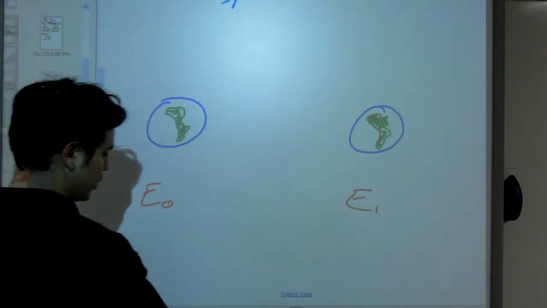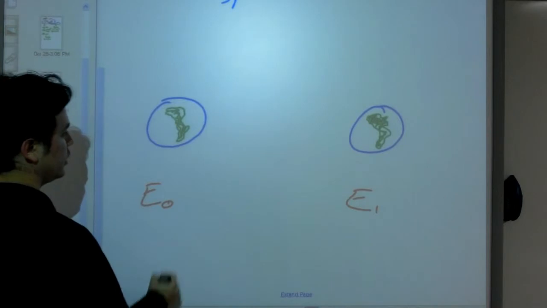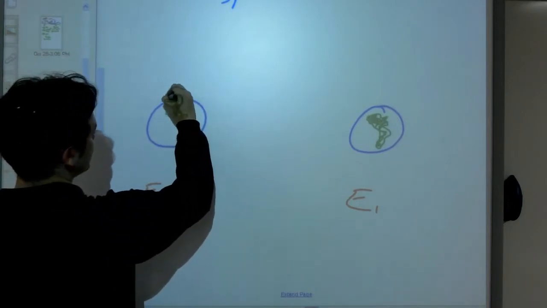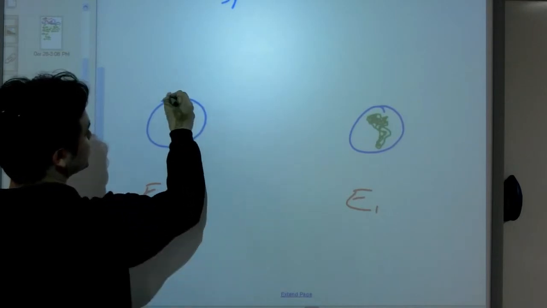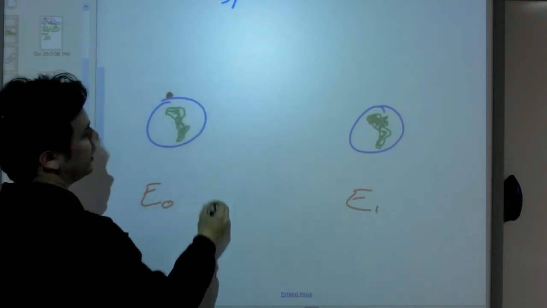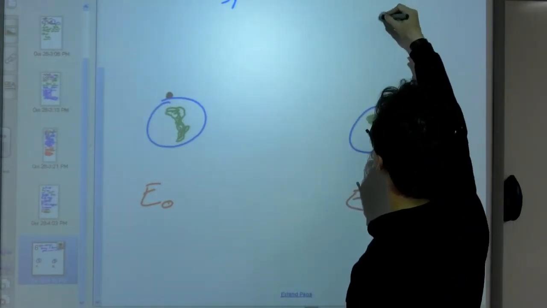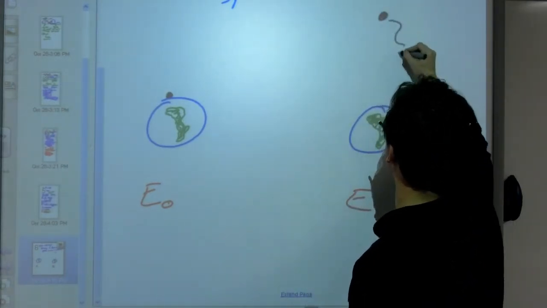We've got a situation where we've got an object here on Earth, and we'll have it just on the surface of the Earth, starting off. And then at the second location, we're going to say that it's some distance really, really far away.